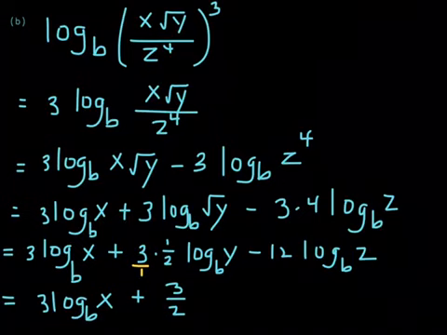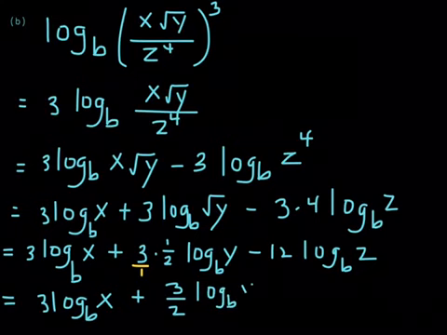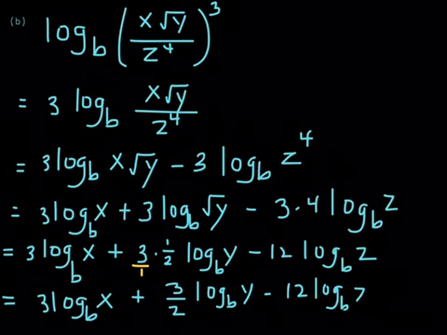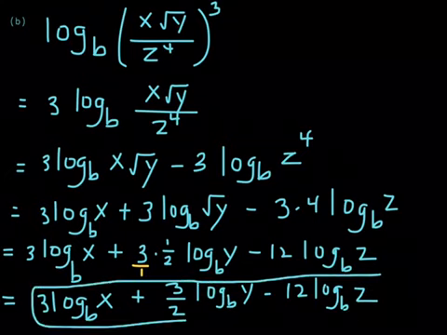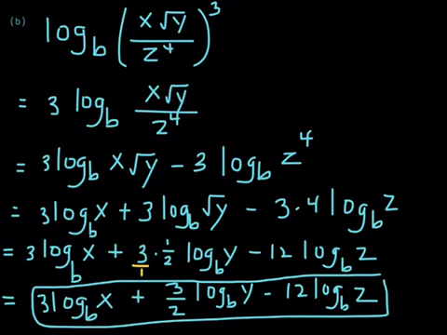That's how I got 3/2 there. Log base b of y minus 12 times log base b of z. Okay, everybody? This is the final answer. It's the sum or difference of logs of a single quantity. Cool.